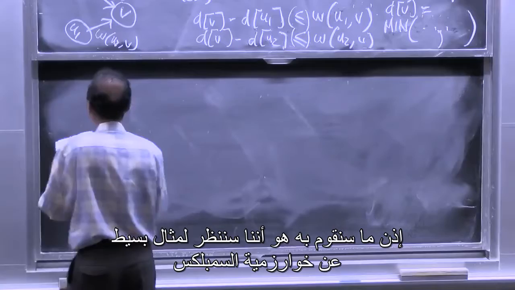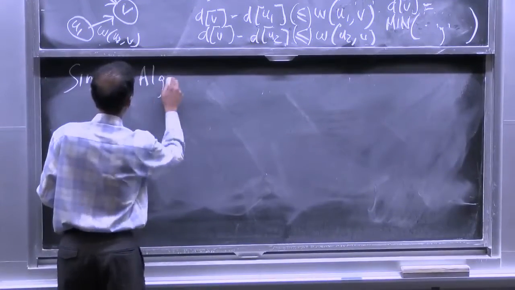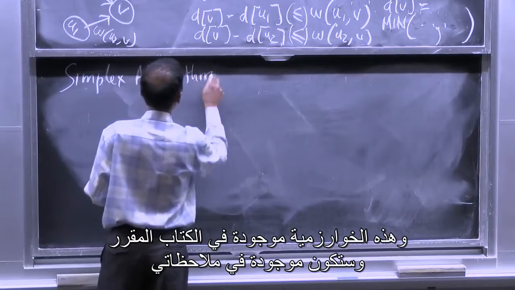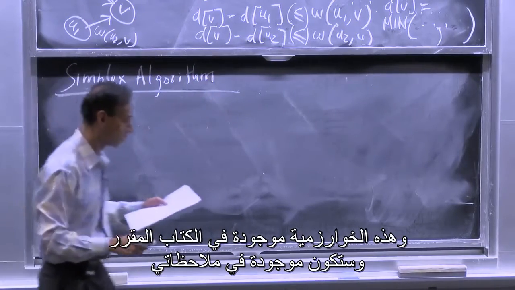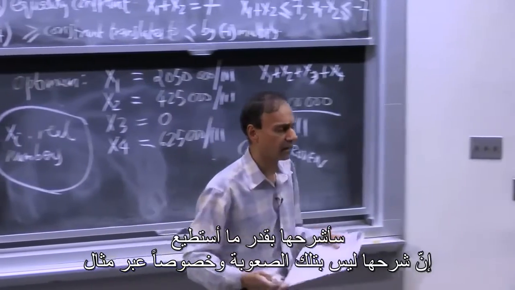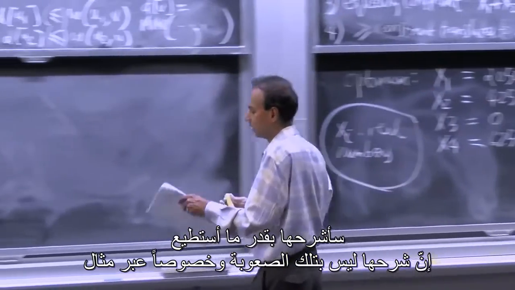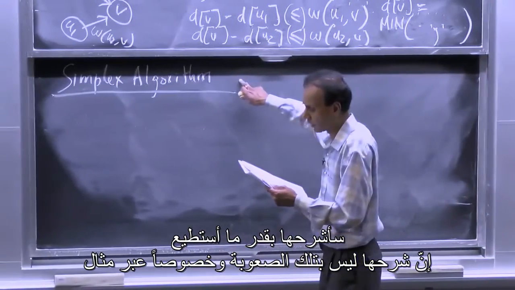So what we're going to do is look at a fairly simple example of the simplex algorithm. And this algorithm is in the textbook, and it'll be in my notes. So I'll get as far as I can. It's not that complicated to describe, especially from an example standpoint.